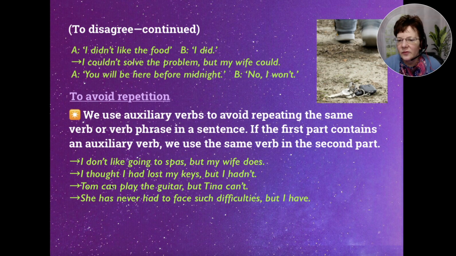And then we have, I thought I had lost my keys, but I hadn't. So, had and hadn't. Then we have, Tom can play the guitar, but Tina can't. So can and can't. And then, she has never had to face such difficulties, but I have. So we've got never had and have here. All right.